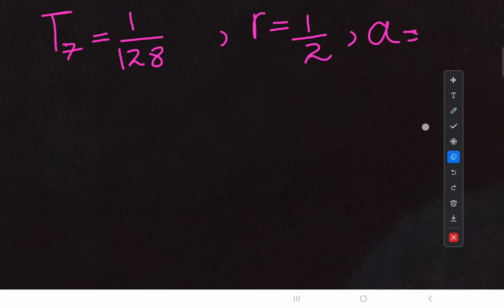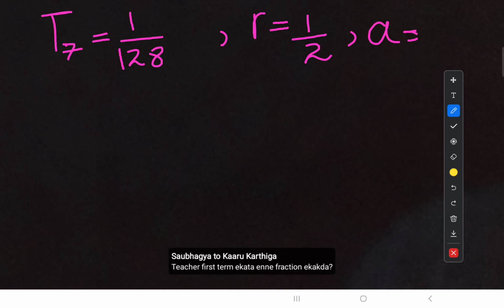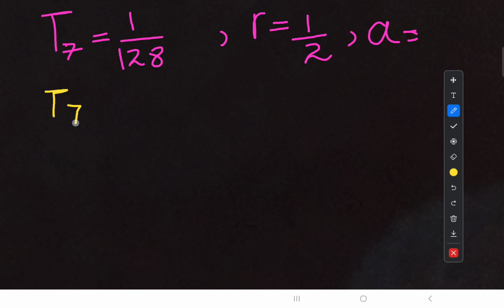T7, and we know the common ratio. We should find the first term of this geometric progression. T7 equals a into r to the power of 6. We know our T7 is 1 upon 128.